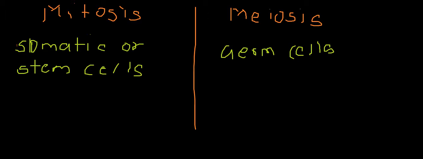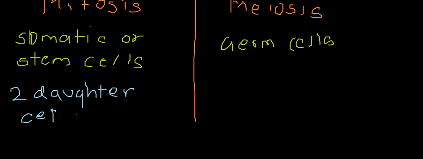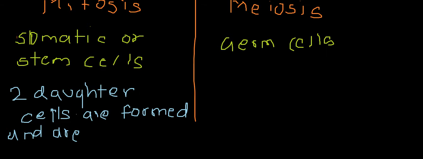Then here, after mitosis is complete, two daughter cells are formed, and most important, they are diploid.